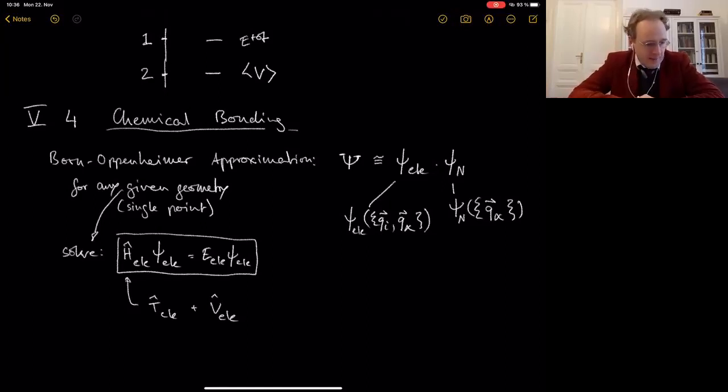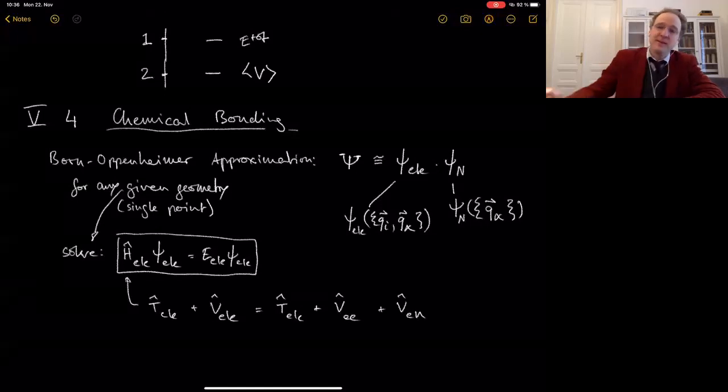Both are electronic. And this potential part is commonly split further into a potential electron-electron interaction term and a potential electron-nuclei interaction term. Okay.